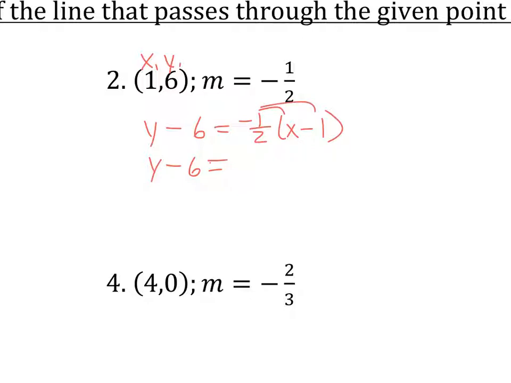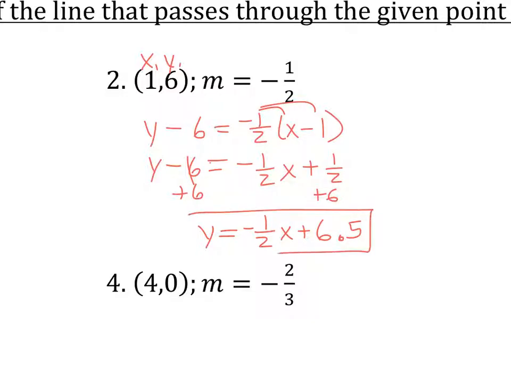Distribute this in, -1/2 times x is just -1/2 x. -1/2 times -1, a negative times a negative is a positive, and half of 1 is still just a half, okay? Then last step in getting y by itself is add 6 over. So I get y equals -1/2 x plus, and you can use your calculator for this, 6.5.